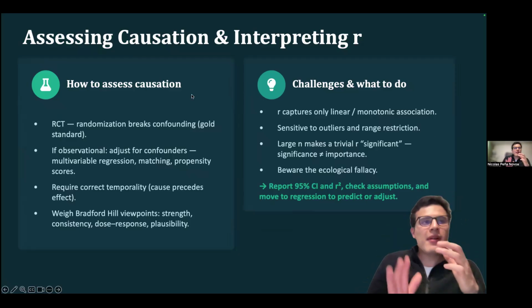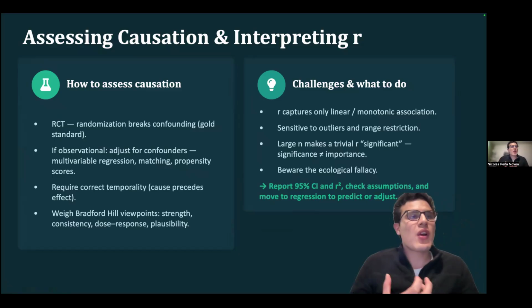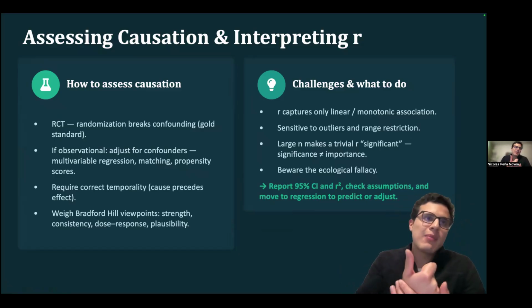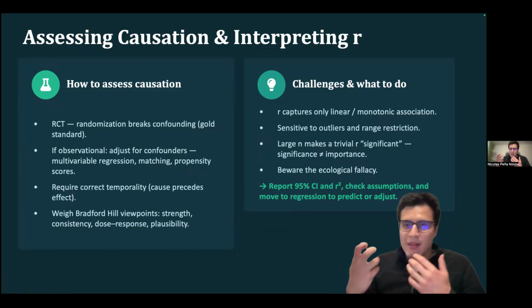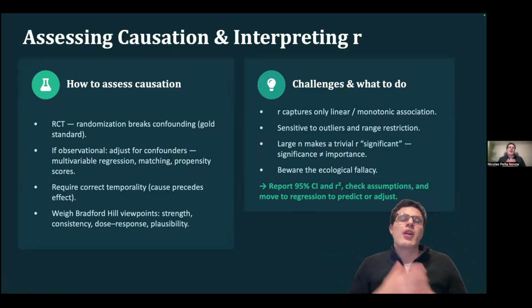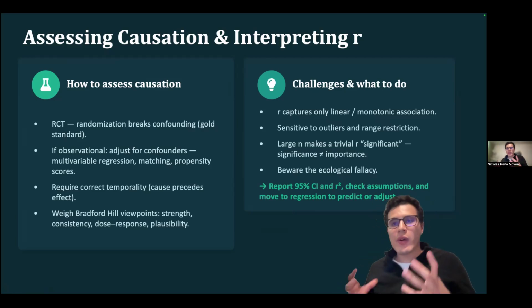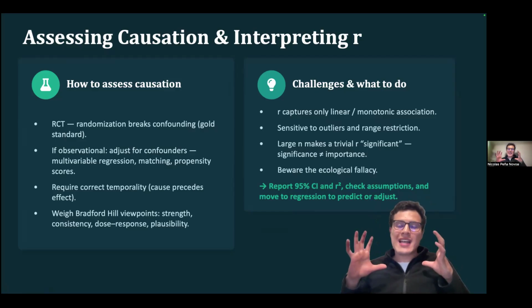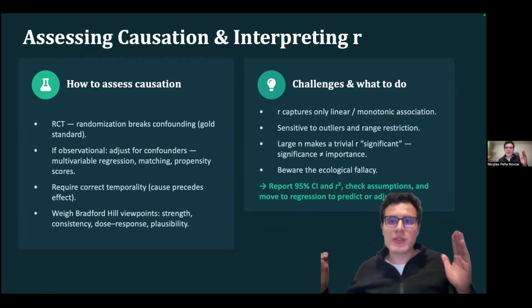Remember that if you want to explore causation, you have to follow the Bradford Hill viewpoints: biological plausibility, consistency, the dose response of the treatment, the exposure, the intervention, whatever. And usually you find the correlation in cross-sectional studies, because you have a snapshot of that time. You don't follow the people.